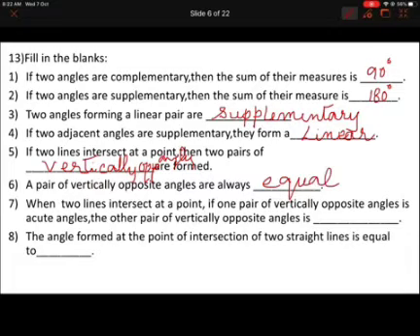When 2 lines intersect at a point, if one pair of vertically opposite angles is acute, the other should be obtuse. That's what we discussed, is it not? The angle formed at the point of intersection of 2 straight lines is equal to 360 degrees. It's a complete angle. Is that clear? Next.